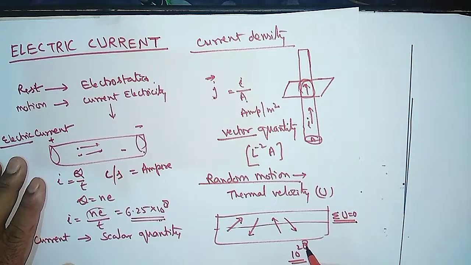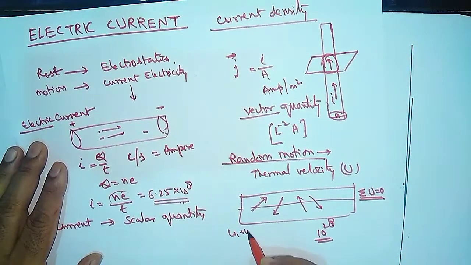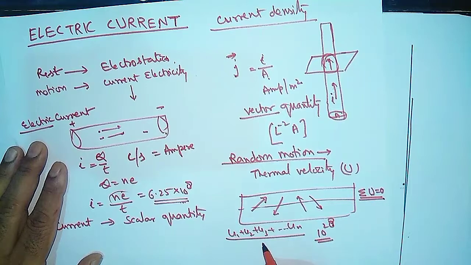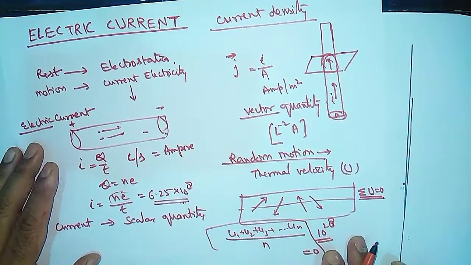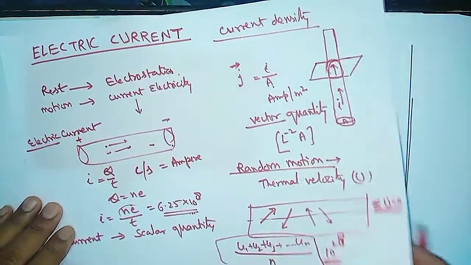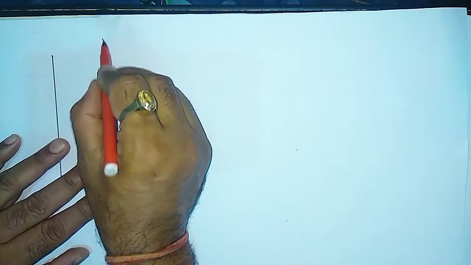So u1 plus u2 plus u3, and so on, up to un for n free charges. If you divide this by n, it is always equal to 0. So this is about the thermal velocity. Some more terms like the mean free path.